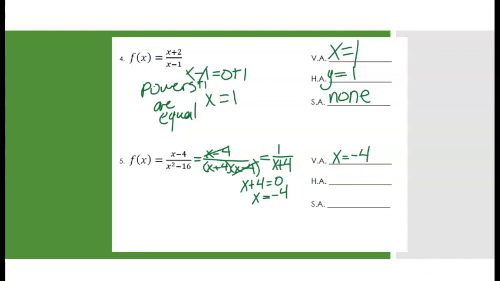When I look at my original function to determine a horizontal asymptote, the degree on top is what? 1. The degree on bottom is 2, so it's smaller on the top, bigger on the bottom. What does that imply? There's a slant. There we go. Let's go back and look.